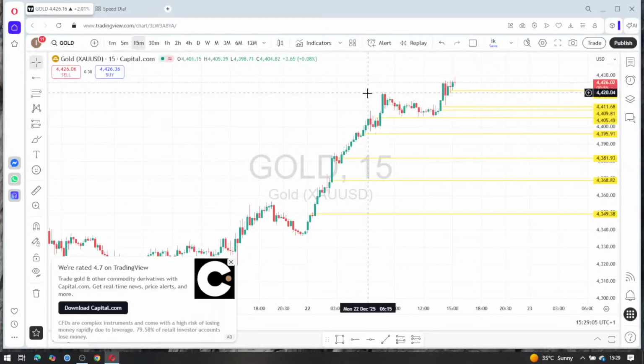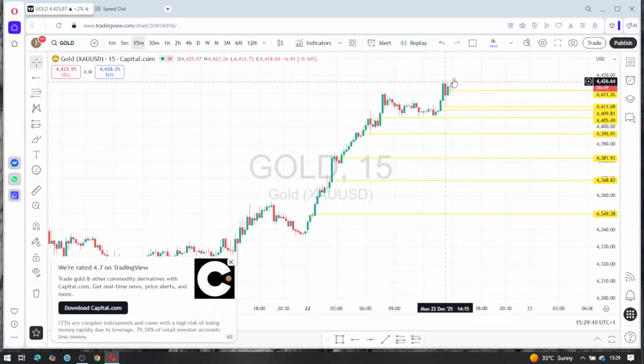What has happened here is that we have a shoulder already. Here is the shoulder. Look at the head. This is the head. So we want to expect another shoulder.